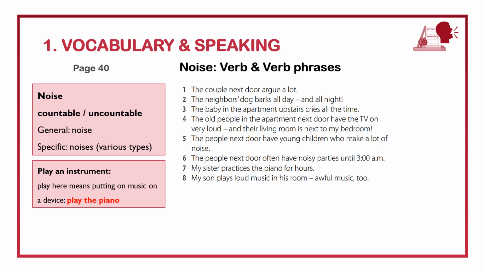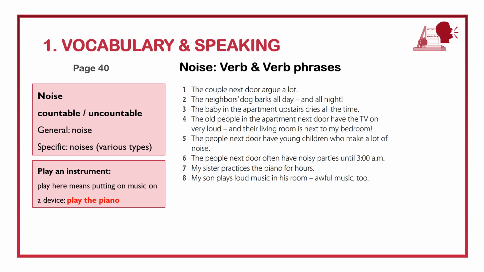Now we need to focus on a very important point here about the word noise. Noise can be both countable and uncountable. So you can use the word noise in some cases, but you can also use the word noises with plural S in some other cases. Just look at the sentence number 5 here.